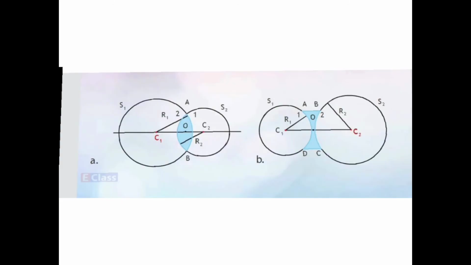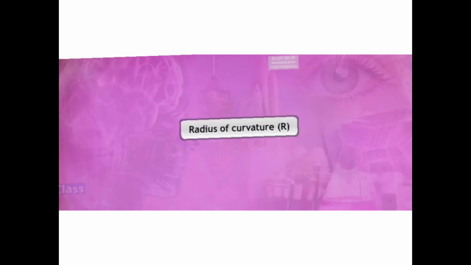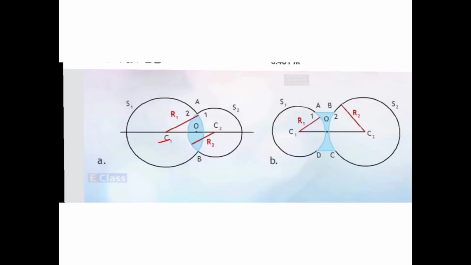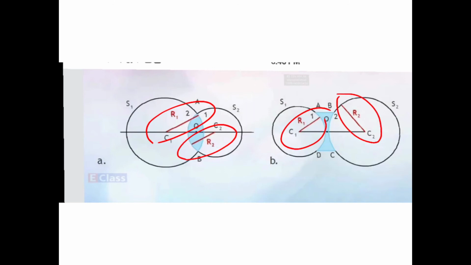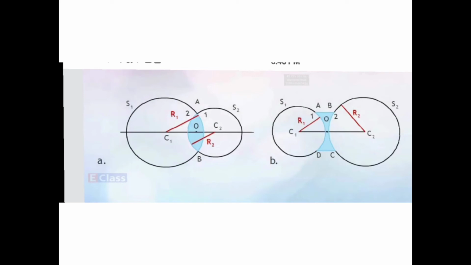So this is the lens, and this is the center of curvature, C1 and C2. Then this is the radius of curvature. You can observe it, I have highlighted it. So you have R1, R2 as the radius of curvature.